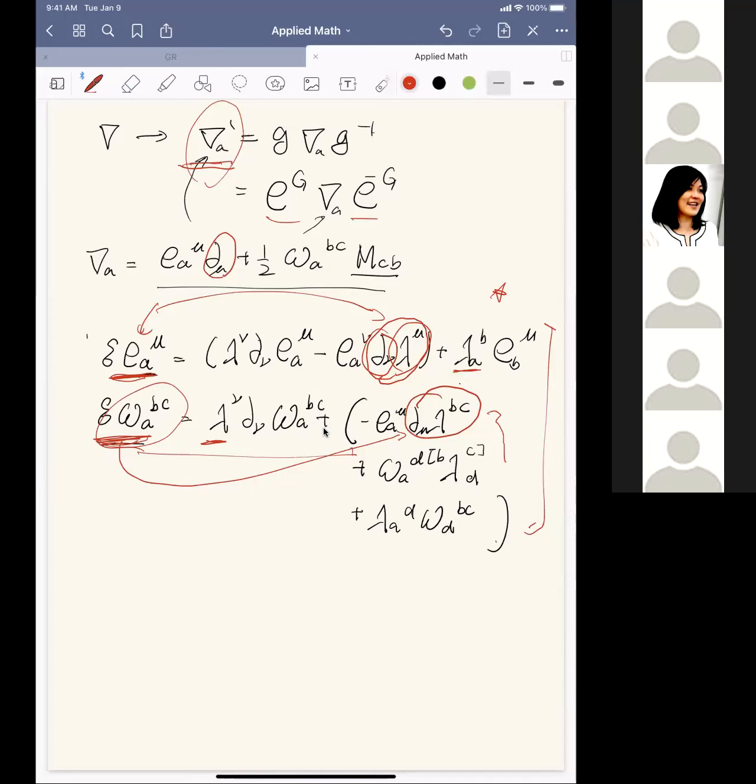And then we just write down the field strength. So once again, we write down the commutator of delta A, delta B. Previously, on the right-hand side, I would just write down the field strength multiplied by the generator. But basically the only requirement is that, because on the left-hand side these are each covariant objects, on the right-hand side you're supposed to write covariant stuff.